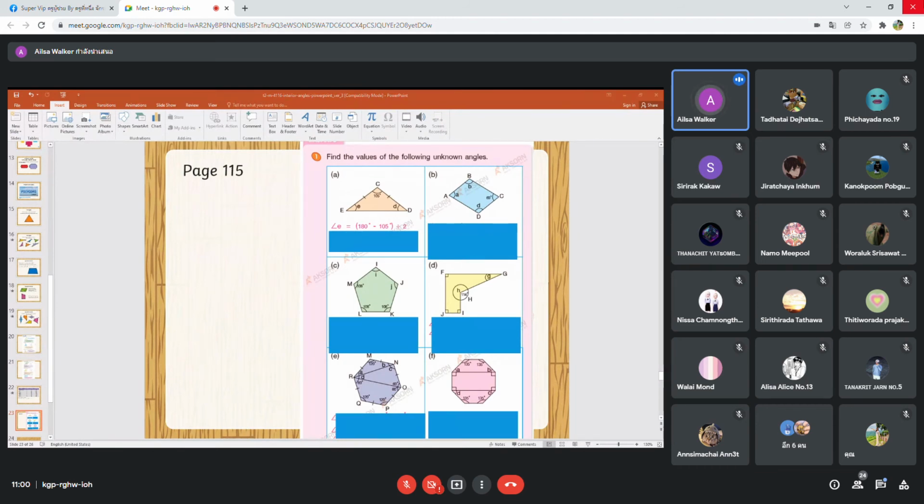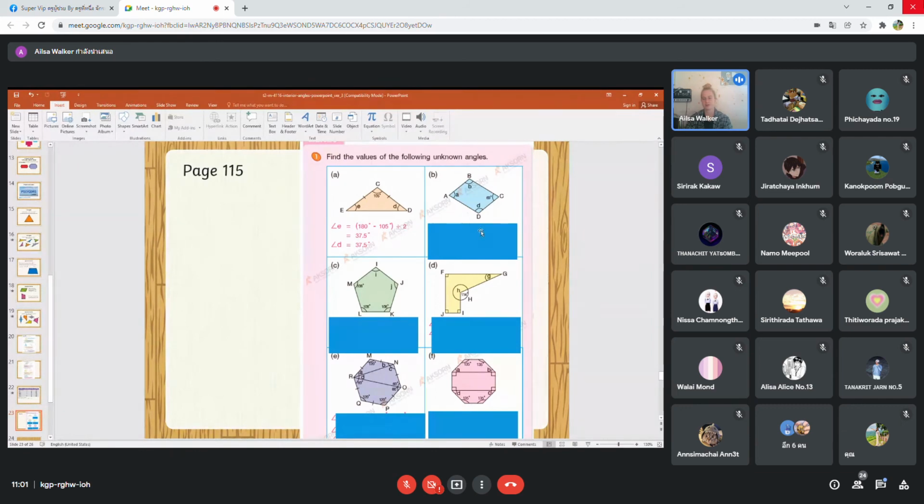Anybody know? We need to divide by 2. Yes, 2. So 75 divided by 2 is 37.5. So the missing angles are 37.5 degrees. Okay? So if you have your book, you can write it down.